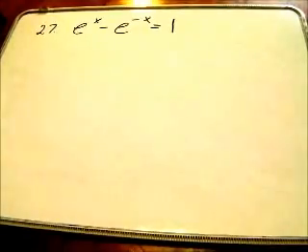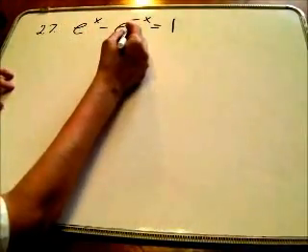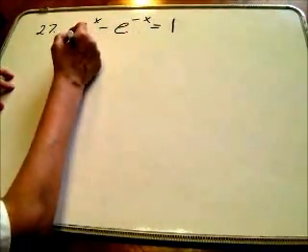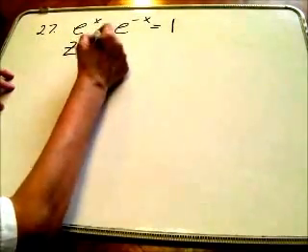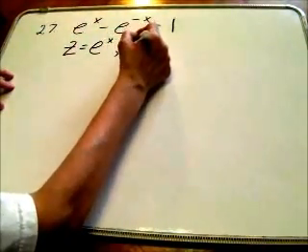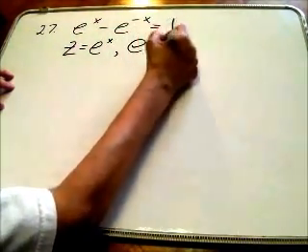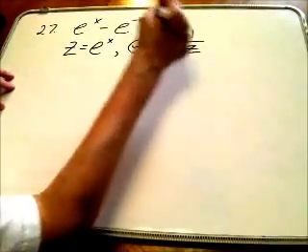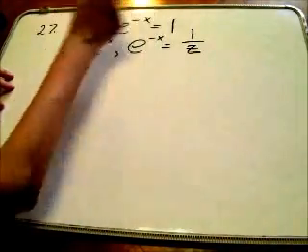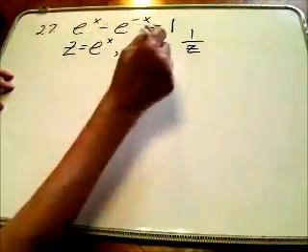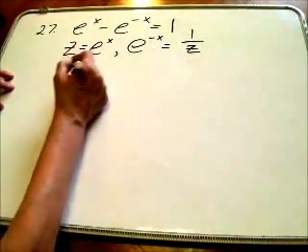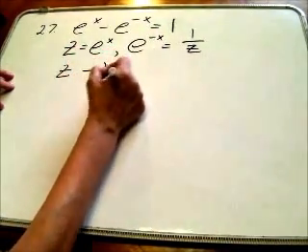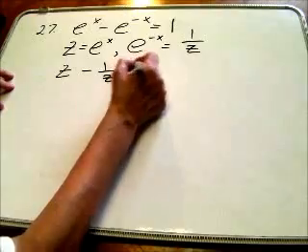Okay, this one's number 27, and this time we're going to use our Jedi math trick a little bit more forcefully. We're going to let z equal e to the x, and we're going to let e to the negative x then equal 1 over z. That way we turn a pre-calc exponential equation into a simple algebra problem, because now we've got z minus 1 over z equaling 1.